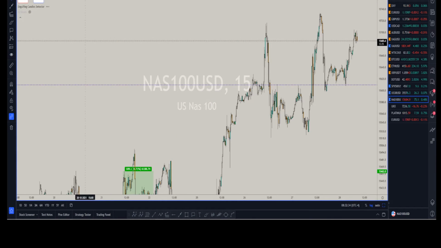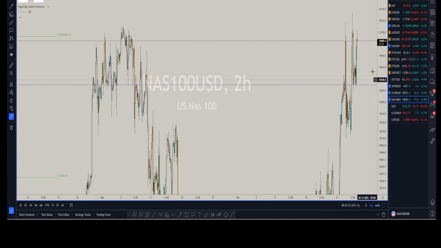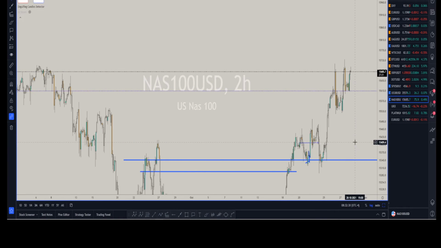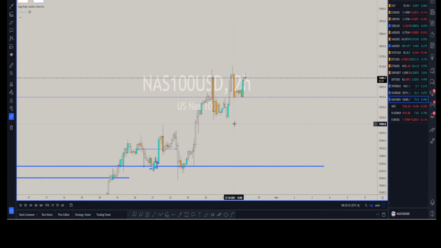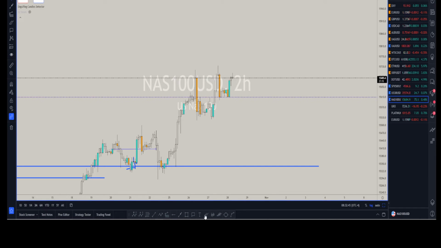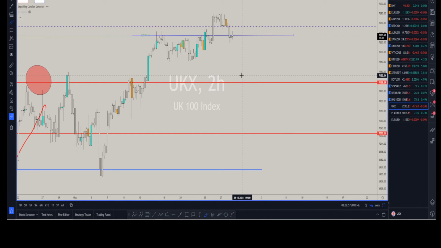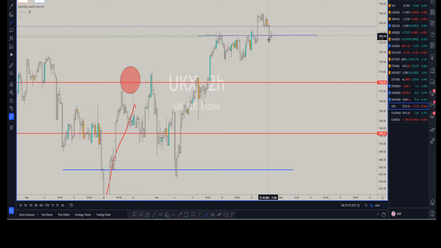NAS. We'll be watching this retest and break, continuation of the up move, most likely. FTSE broke the top, came back inside.